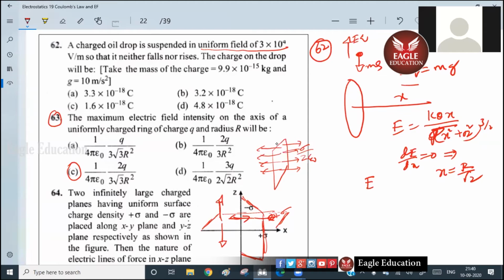Sir, is it 3 into 10 power 4, sir? It looks like that, yes.